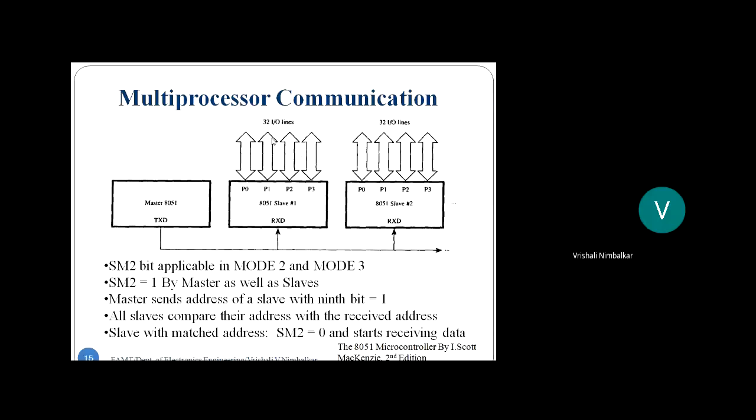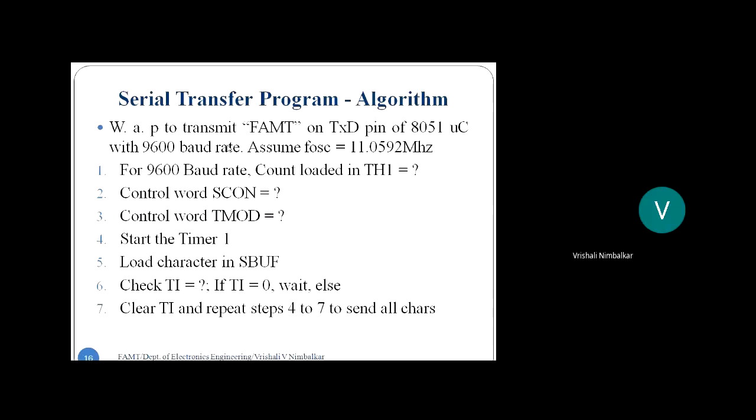Now let us look into the serial data transfer program, students. Hope whatever is being explained has been understood. Just a quick revision. We saw the SCON register. Then the data to be loaded is in SBUF. While doing serial transmission, we also need a timer: Timer 1 in mode 2. So we need the TMOD register also, and the run bit of the TCON register.